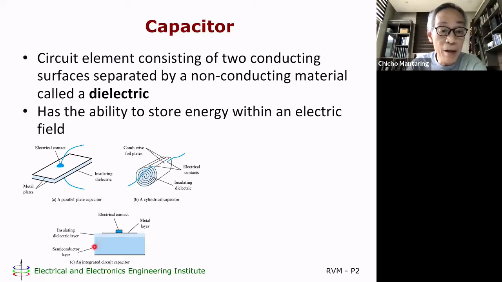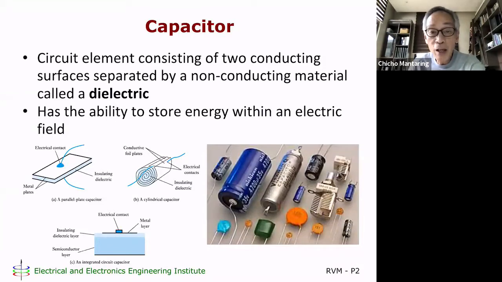Then you have a semiconductor layer, which acts as your second conducting layer. So this is your MOS, your metal oxide semiconductor capacitor. And these are images of various types of capacitors. Some of these you've probably encountered in your high school laboratory days. Some you see in printed circuit boards.